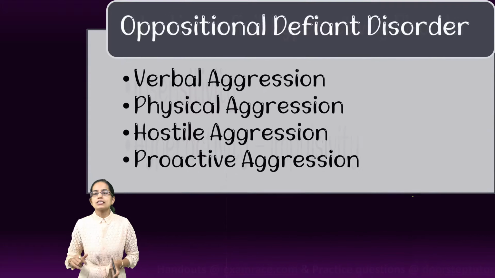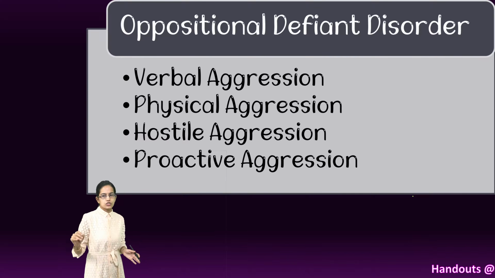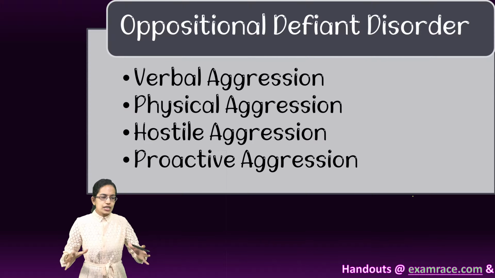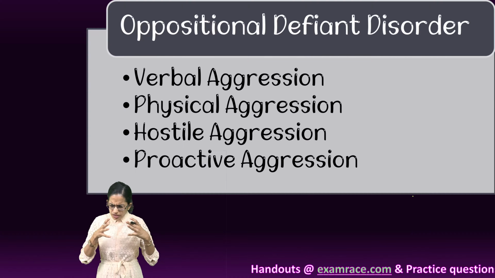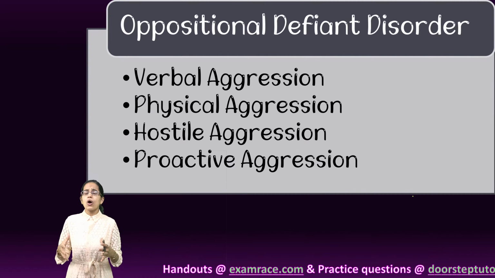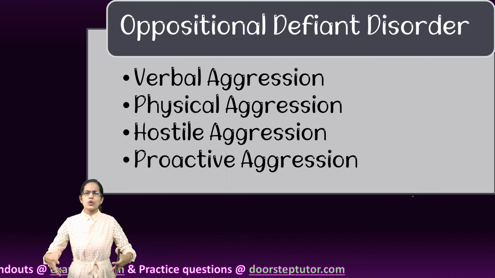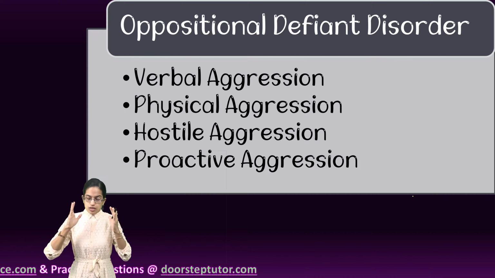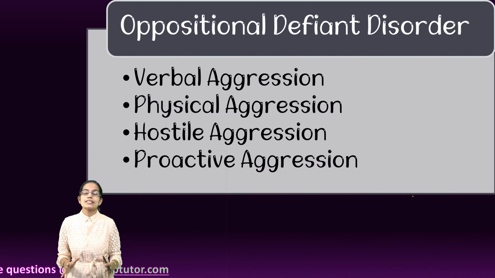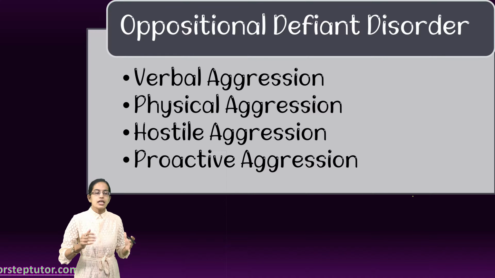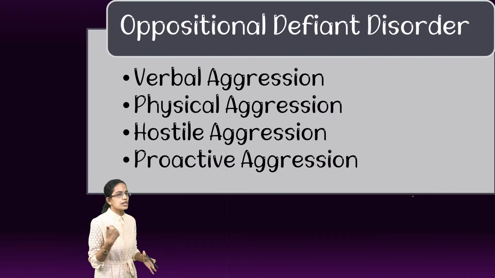The next is oppositional defiant disorder. There can be various kinds of antisocial or conduct behaviors, and the person is totally against what is there. These lead to aggressive development in personalities, and these aggressions can take various forms.